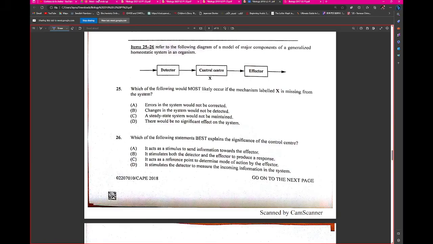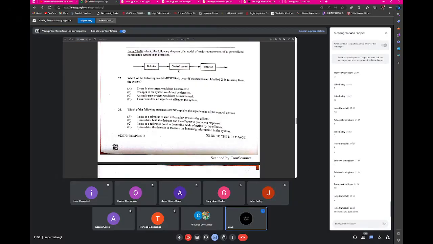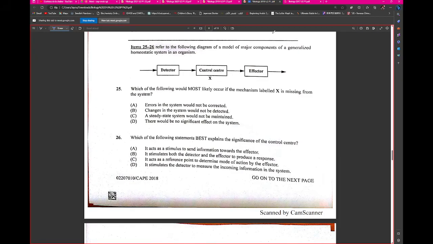At the end of the day, a steady system would not be maintained, though? Okay, sure. Technically it wouldn't be maintained, but I believe that A could probably be an answer.